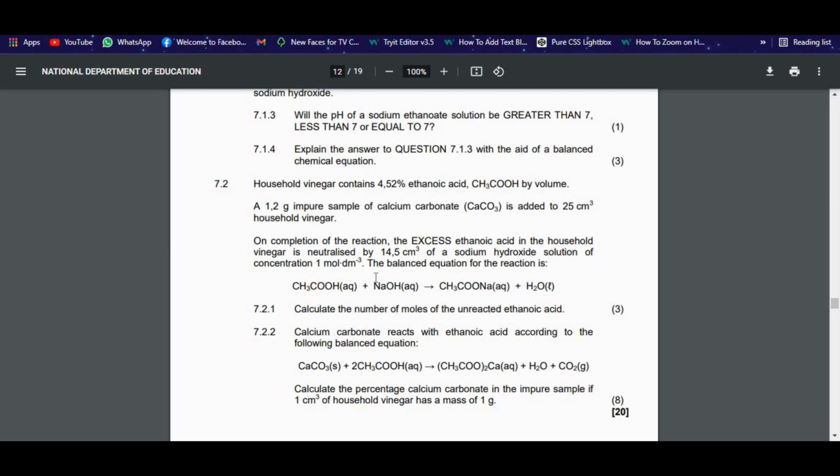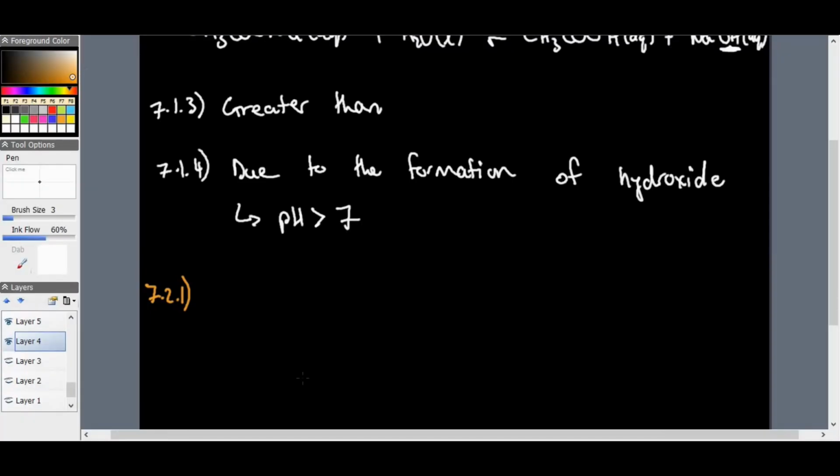And I need the volume of unreacted ethanoic acid. Okay. Well, let me find out the number of moles of sodium hydroxide since I've got a volume and a concentration. So let's take the number of moles of NaOH to be specific, or you could have written it like this in brackets so that we know exactly which moles we're calculating.